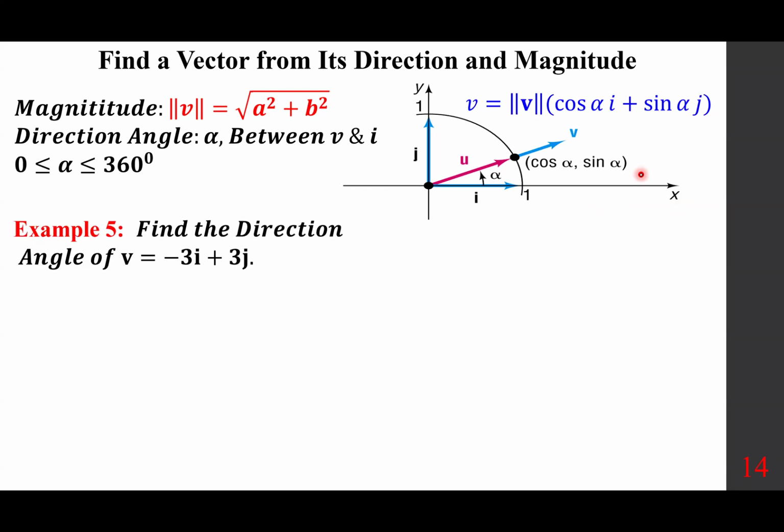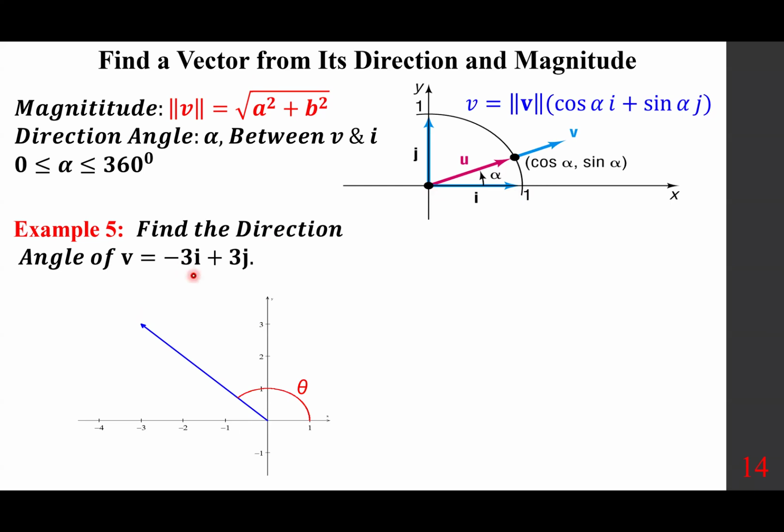We want to find the direction angle of v, which has components negative 3i and 3j. So if we go with this, we are going 3 to the left, 3 up.